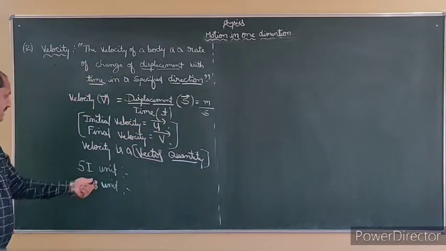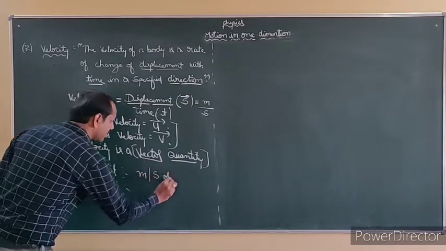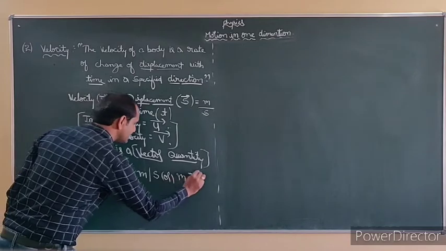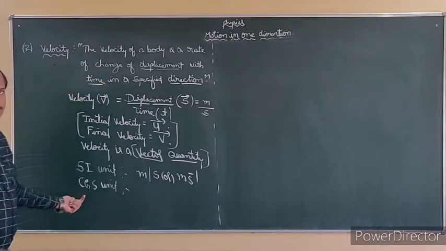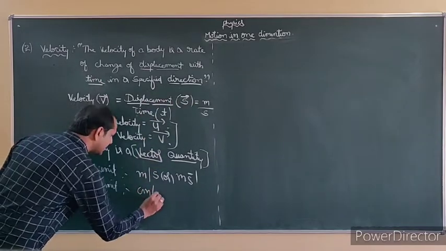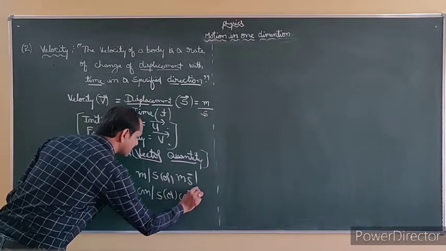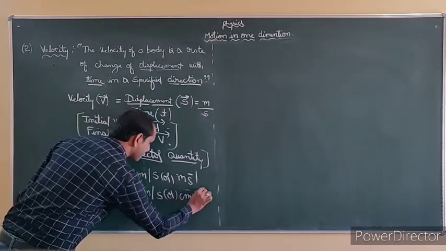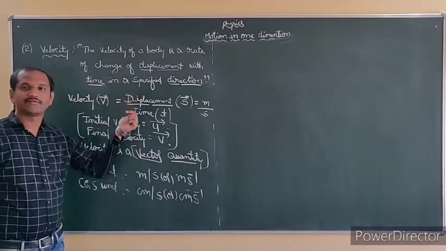So like speed, the SI unit of velocity is meter per second, or m s to the power minus 1. We can write it in both ways. Then obviously the CGS unit is centimeter per second. Understood. This is the complete thing about velocity.